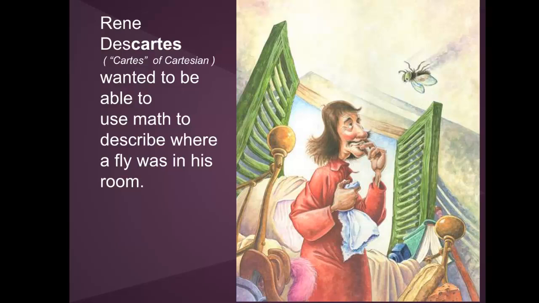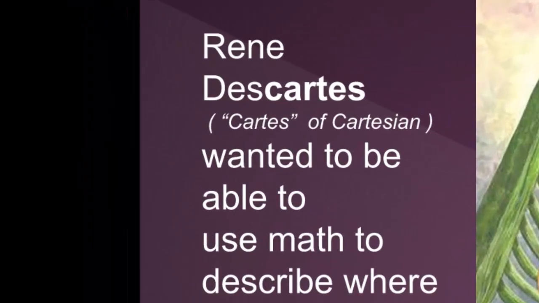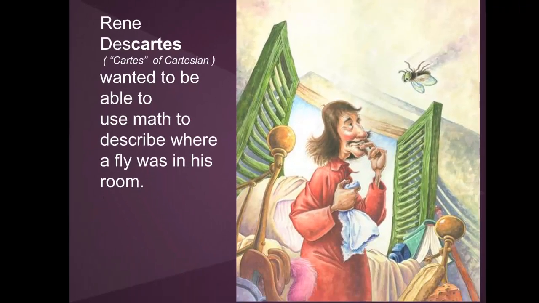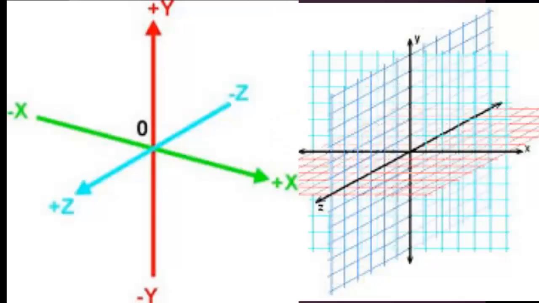It was a mathematician named René Descartes. The Carte part of his name forms the Cartesian. René Descartes wanted to be able to use math to describe where a fly was in his room as he watched it buzzing around.